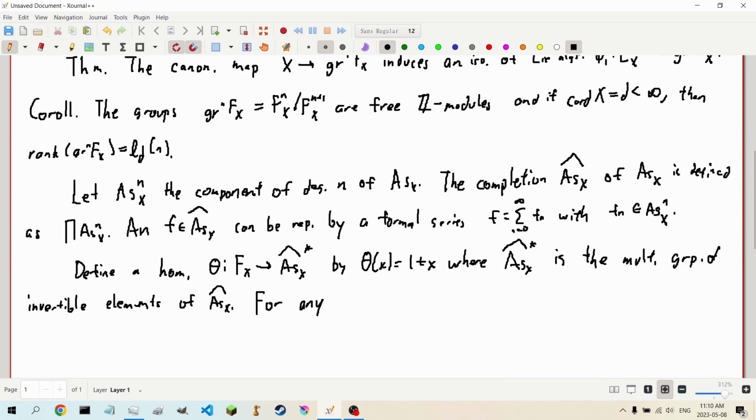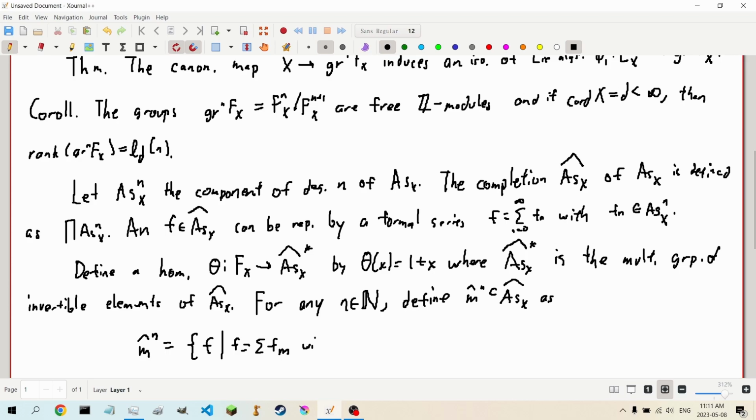Now, for any natural n, so we're not counting 0, define M hat to the n in AS(X) hat as the set of f, where f is the sum of these f_m in AS(X) hat as before, with f_0 through f_(n-1) being 0.